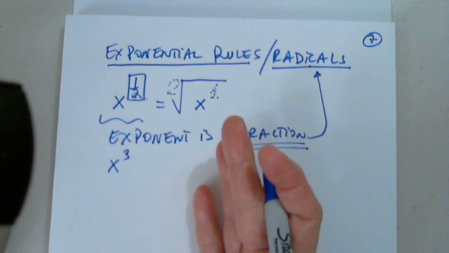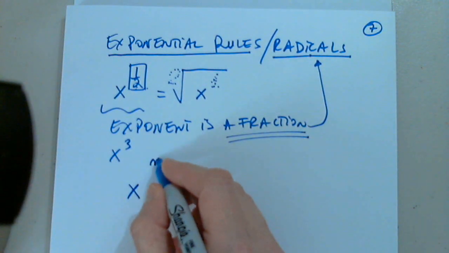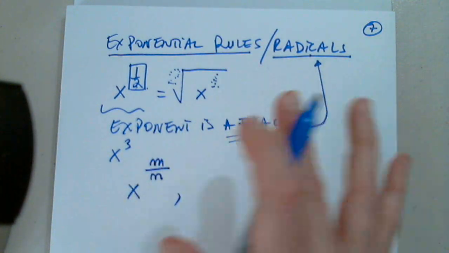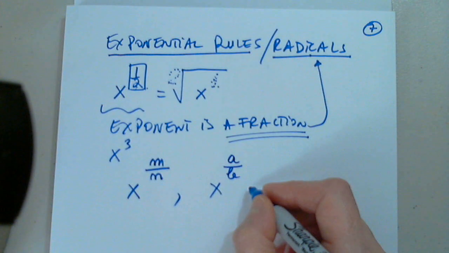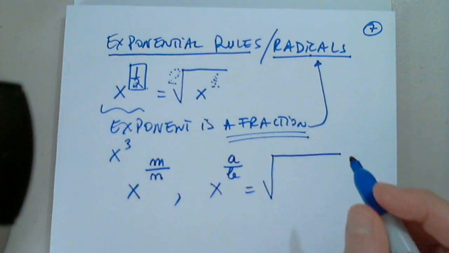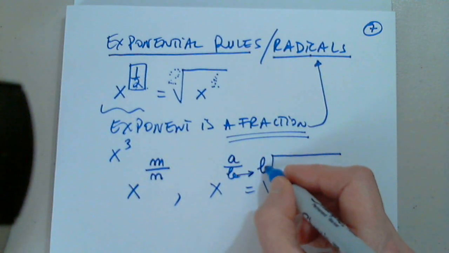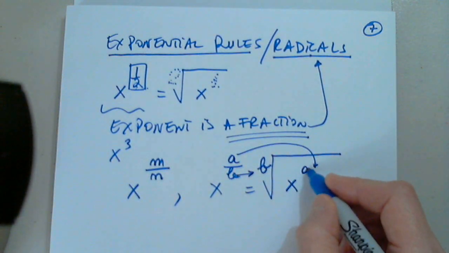So what is the general expression? Let's say x to m over n. I know you don't like m and n because mine are weird. Okay, sorry about that. So let's say a over b. The denominator is the index. The numerator is the power.